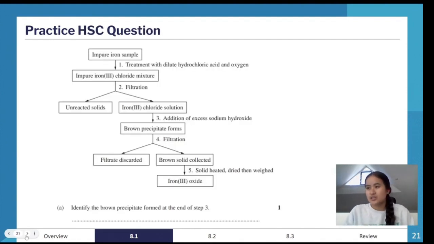For this question, it's really just knowing your solubility rules. It looks a bit complicated, but really all you have to look at is the end of step 3. So iron chloride is added to sodium hydroxide to form a brown precipitate. If we look at the reaction, iron chloride plus sodium hydroxide will make iron hydroxide and sodium chloride.